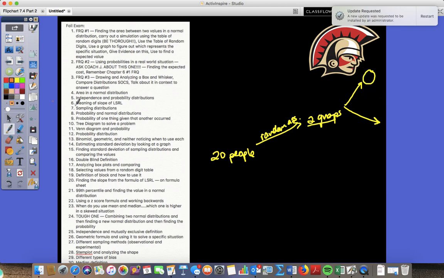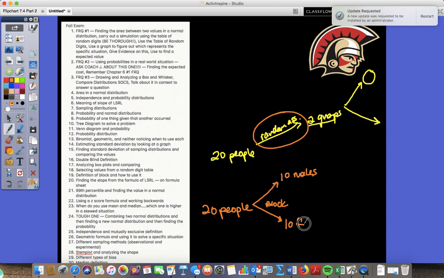A block allows me, instead of randomly assigning here, we start with 20 people, and instead of imposing a treatment on one and so on and so forth, before we do that, we actually put a block in place where we'll put maybe 10 males and 10 females, and then within each block we randomly assign. We'll put them into group 1 and group 2, group 1 and group 2.